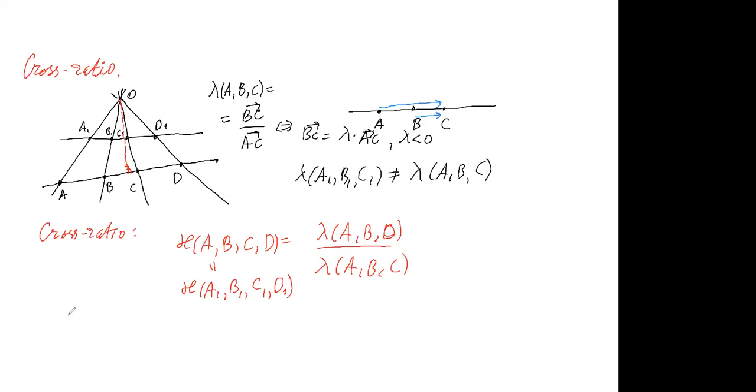So we see that now the ratio BC over AC is equal to the ratio of the areas of BOC with AOC.